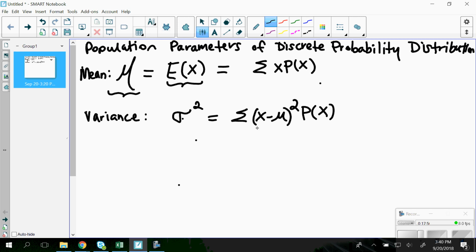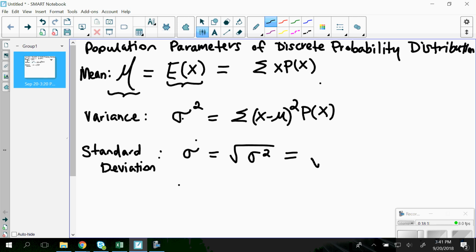That might remind you a little bit of how we calculated the sample standard deviation back in chapter 3. And then the population standard deviation is the square root of the variance. So when you see it written out formally, it looks like this, all under a square root sign.